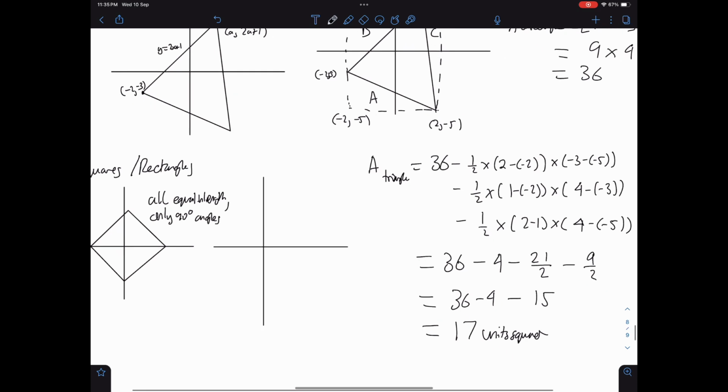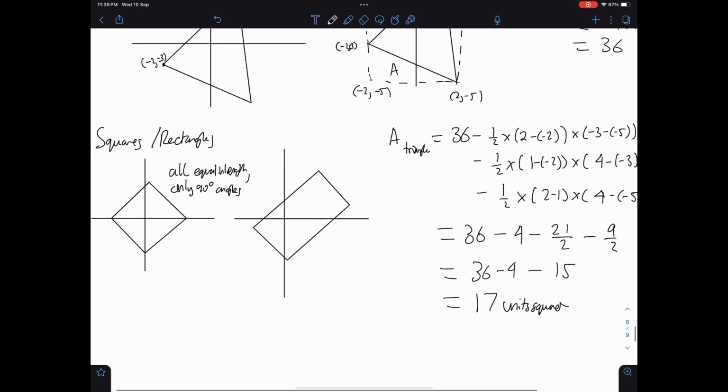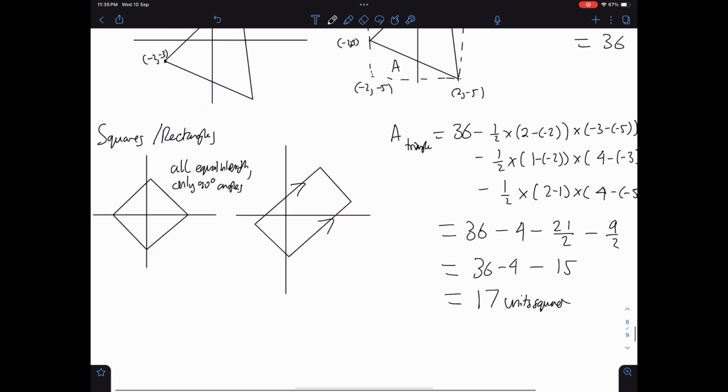And then it's quite similar for a rectangle. The whole point is, I mean, you've got these parallel lines, 2 sets of parallel lines, and one set is perpendicular to the other, and these two are equal in side length, these two are equal in side length.